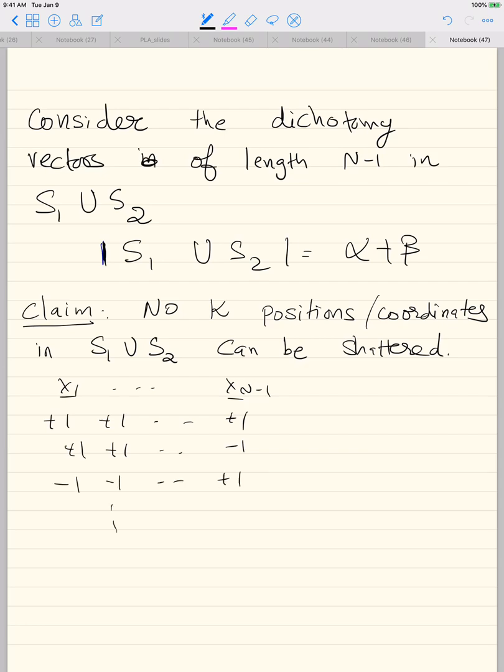And what I'm saying is that if I look at any k positions, no matter how I select k, if I look at any k coordinates and don't look at the other ones, then I won't be able to see all 2 to the k labels, like all 2 to the k vectors. Is this clear what I'm claiming? Any questions about the statement? Because if you understand the statement, the proof is very easy.